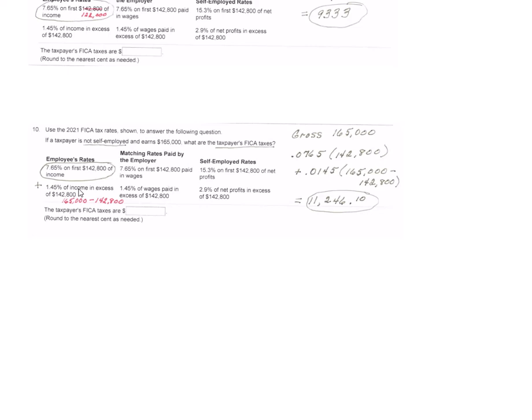So we've got two pieces. 0.0765 times the first $142,800, plus, change this to a decimal, 0.0145 times the rest, which is 165, that was your gross, minus what you've already paid on this one, $142,800. You pay a little percentage on that, and add them for your total FICA taxes.